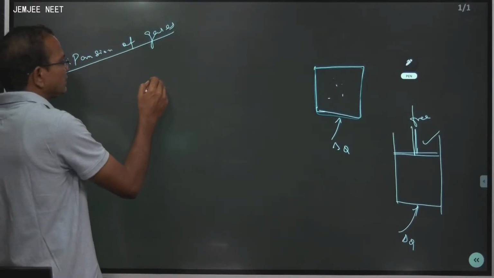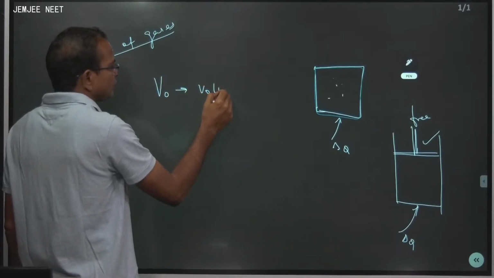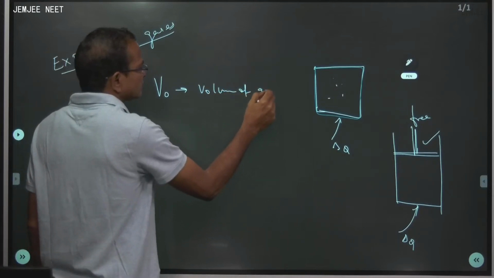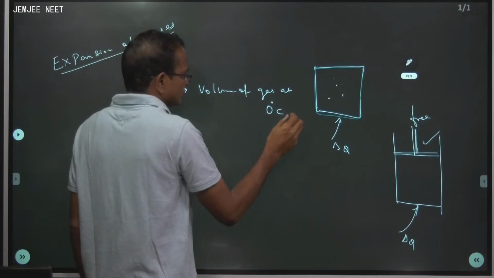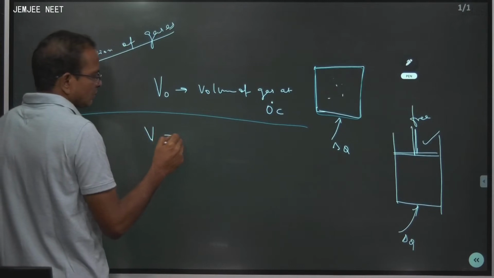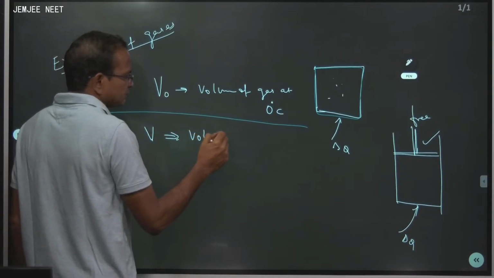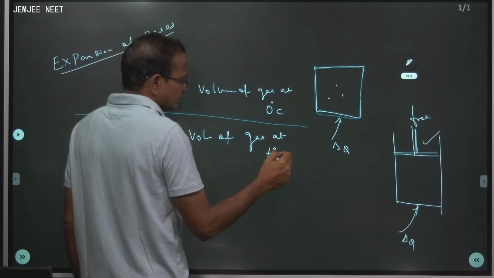This is a container. V0 is the volume of gas at 0 degree Celsius, and V is the volume of gas at T degree Celsius.